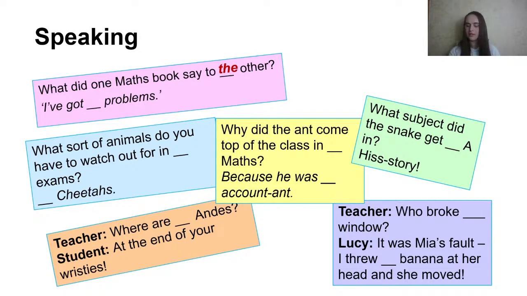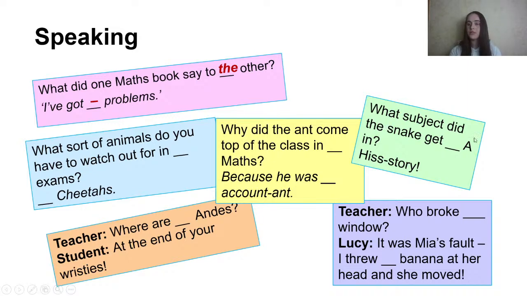I've got problems, right? This is a plural countable noun, and this is in general. In this case it's like this joke, and this joke talks not about specific problems but problems in general. So, I've got problems. And by the way, pay attention to this joke, because this is a very specific English joke which you may find funny or maybe not.